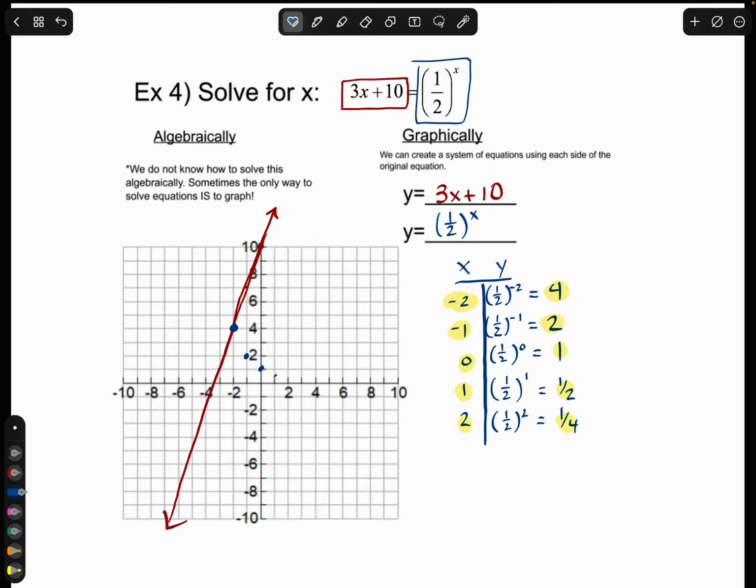And if you remember, this is an exponential function, and it will have this horizontal asymptote on the x-axis, because this is like one of our parent graphs. And if we continue to go backwards here, we'd see at -3, we'd have an output of 8, so our function would look like this.